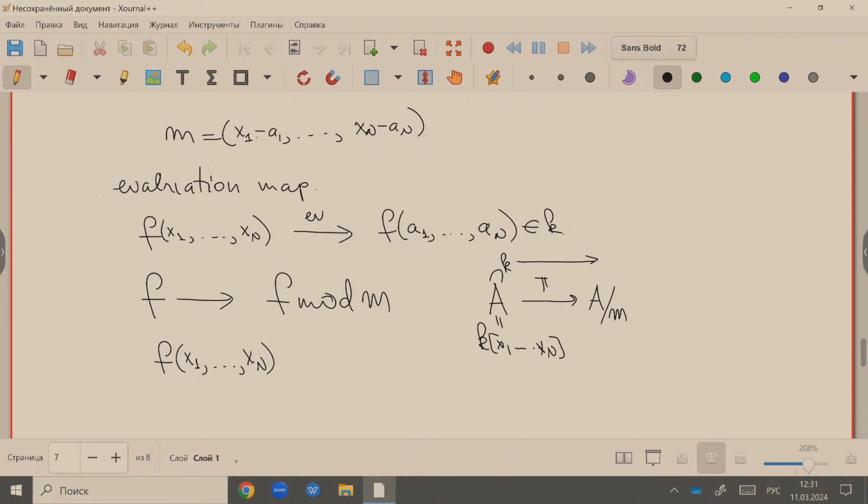So this is just f of (a1, etc., an) modulo m.